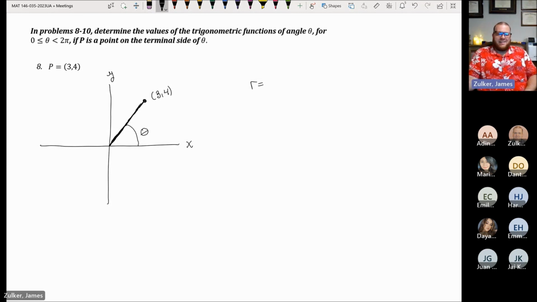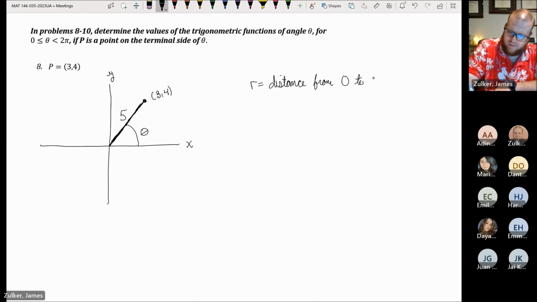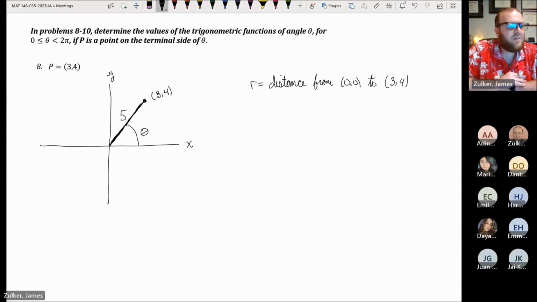Yes, technically, you can use the Pythagorean theorem, but I'm not there yet, so we're not going to use Pythagoras. Distance between 2 points.